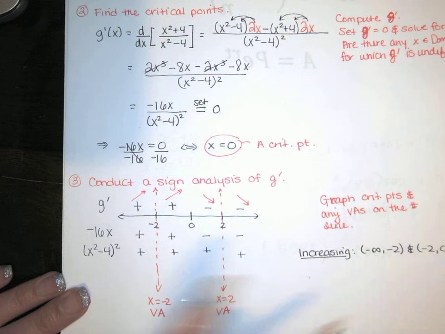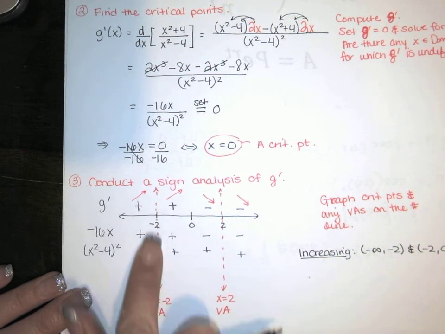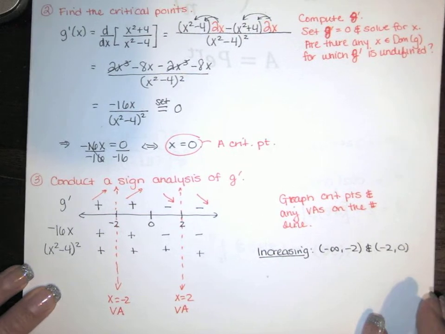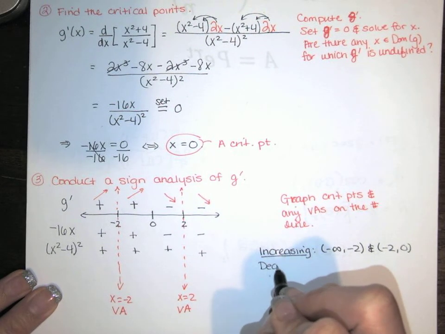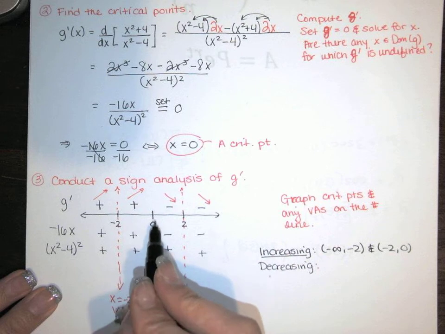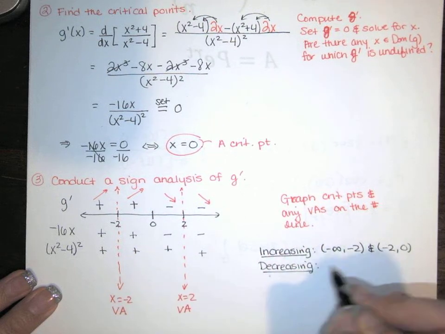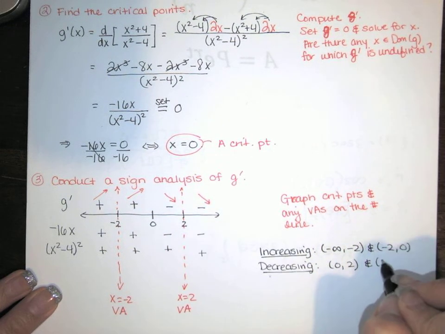A lot of students want to just say -infinity to 0, but you do have to skip this x value because that x value is not in the domain of the function. The function's decreasing on 2 intervals as well, from 0 to 2 and 2 to infinity.